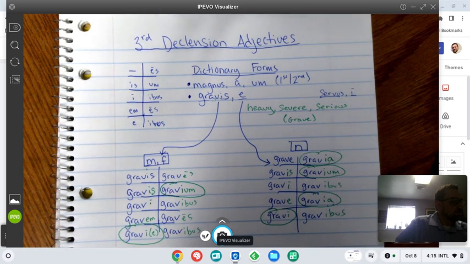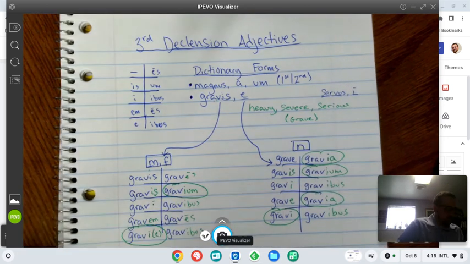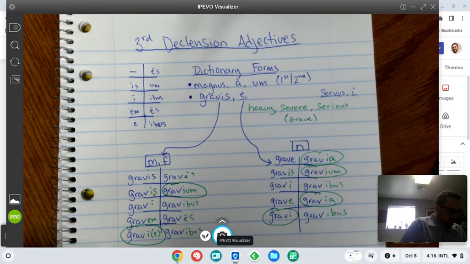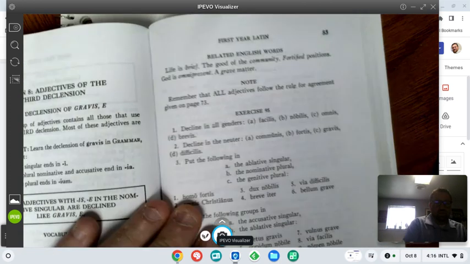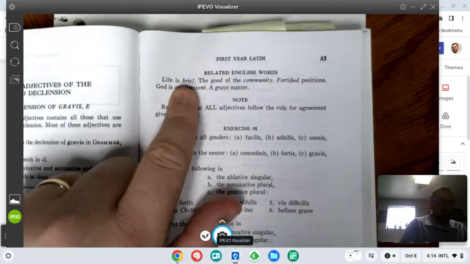Now, your book has quite a number of derivatives for third declension adjectives. Quite a lot. Let me flip to them here. There we go. On page 83, life is brief.